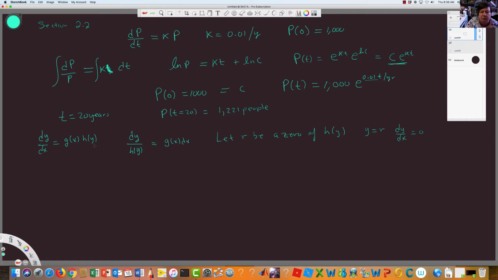But what's going to happen when you actually do the separation is you're going to have to drop this solution in your calculation. We're not really going to use that, but I'm making you aware that if you have zeros in that equation, you may be losing a solution, the one where h has zeros, or multiple possible ones. If h is some polynomial, you might have multiple zeros, etc. We're not really going to harp on that point too much, just making you aware of it.